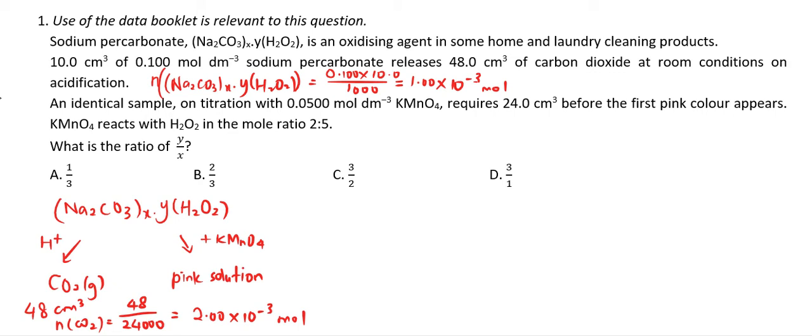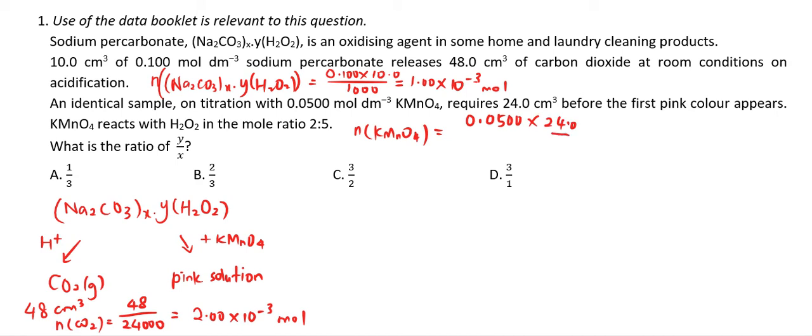Okay, now let's look at the second reaction, the titration. 0.05 molar KMnO4, 24 centimeter cube volume is used to reach the endpoint. So again, we are given the concentration, we are given the volume. I want to calculate the number of mole of KMnO4. So 0.05 times 24.